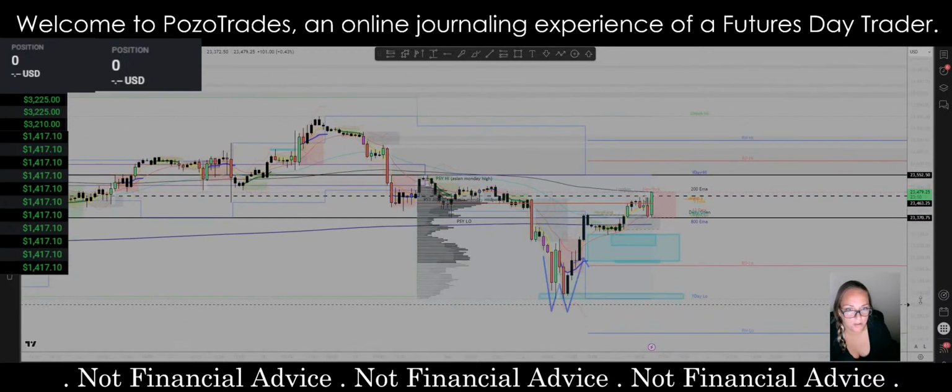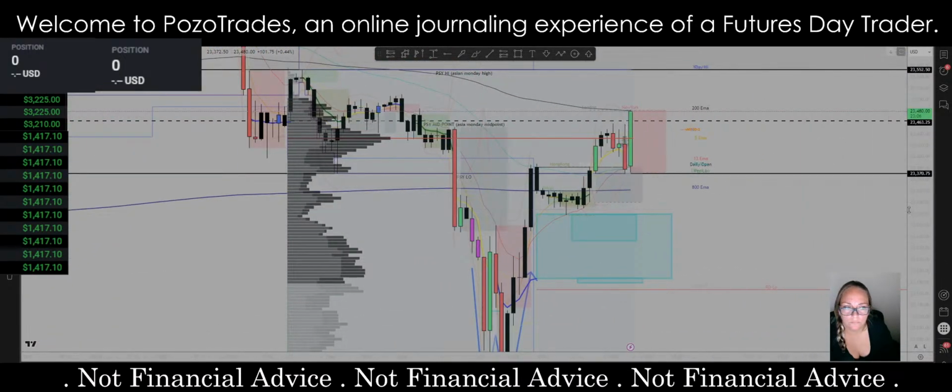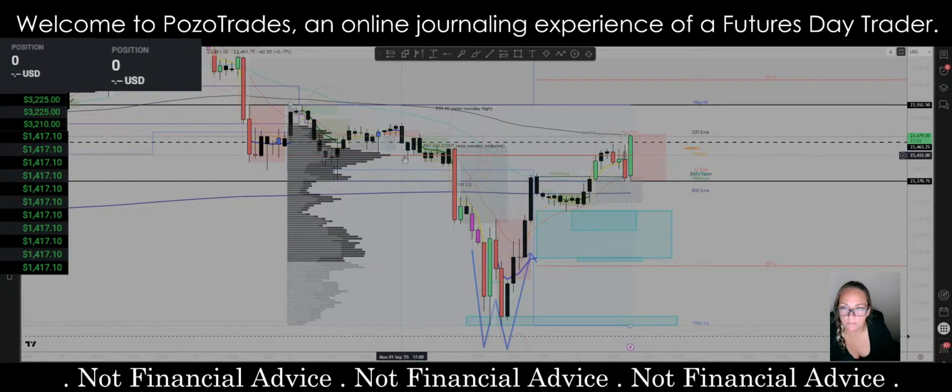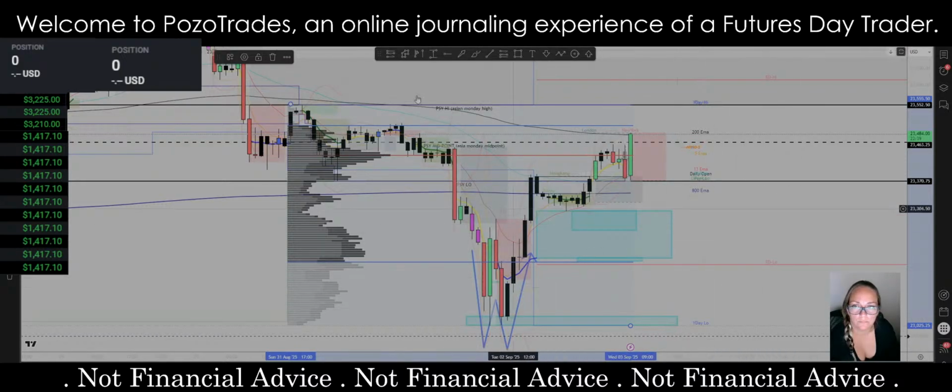Since I'm not trading this right now anyway. Yeah, on the hourly it's showing that we're at. Sorry, I'm losing my words. Point of control, value area low, value area high. Let's add those on.